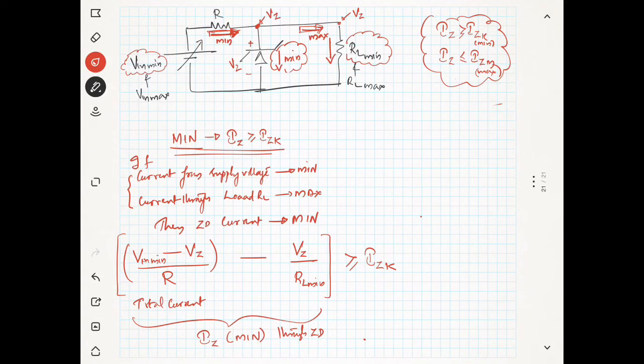So now we will solve this in our case. I will use the next slide and rewrite this equation again. So Vin minimum minus Vz over R minus Vz over RL minimum.